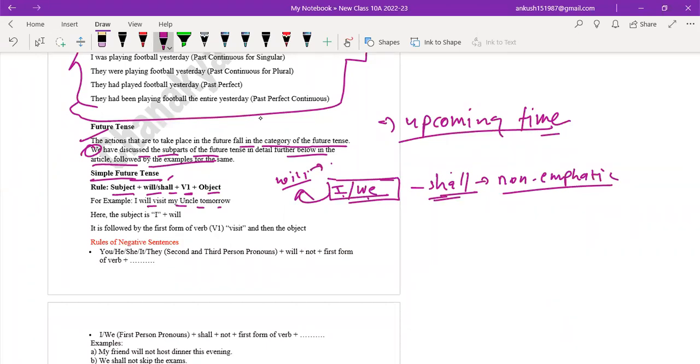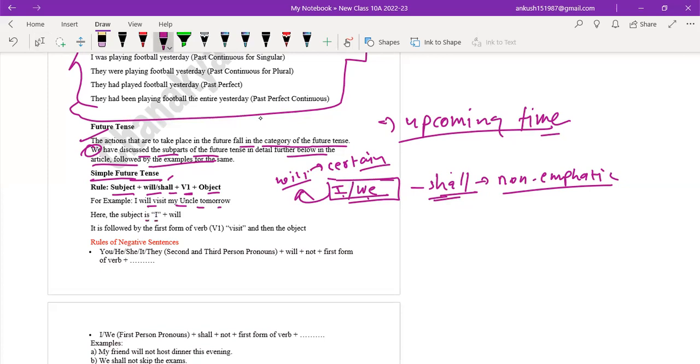And whenever the things are to be certain, that will take place in the future, that time we use will. It means some emphatic pressure or emphatic action is going to happen in the future tense. Got it? Then we use will.